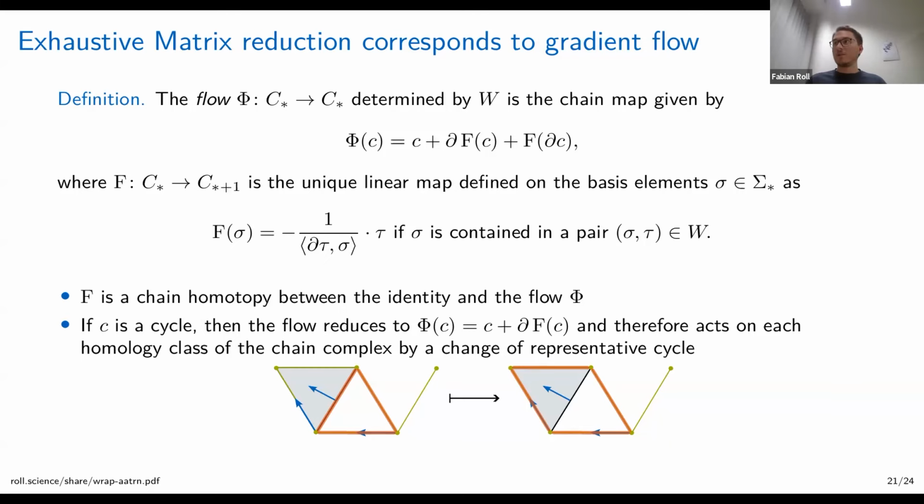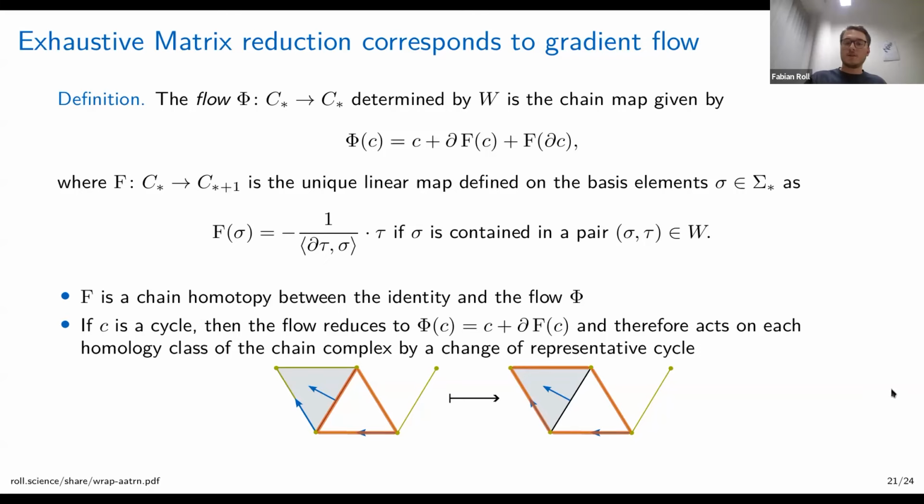If you want to have a picture, let's take this example from before again. There we have that this edge in the cycle is paired with this 2-simplex. So in particular, this boundary of f of C is the boundary of the unique 2-simplex in this example.